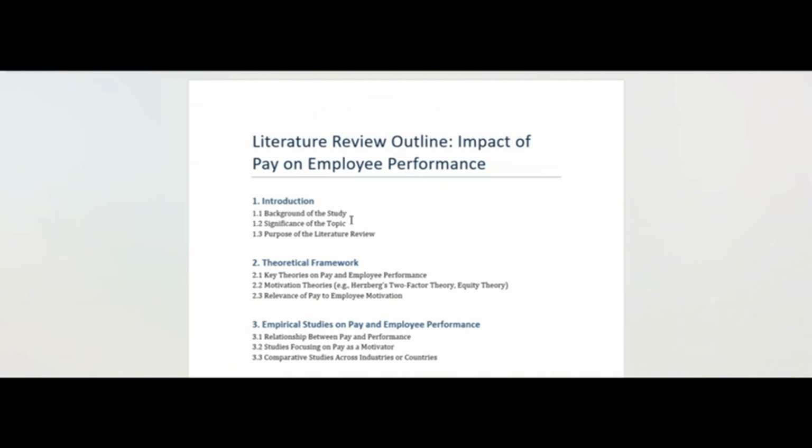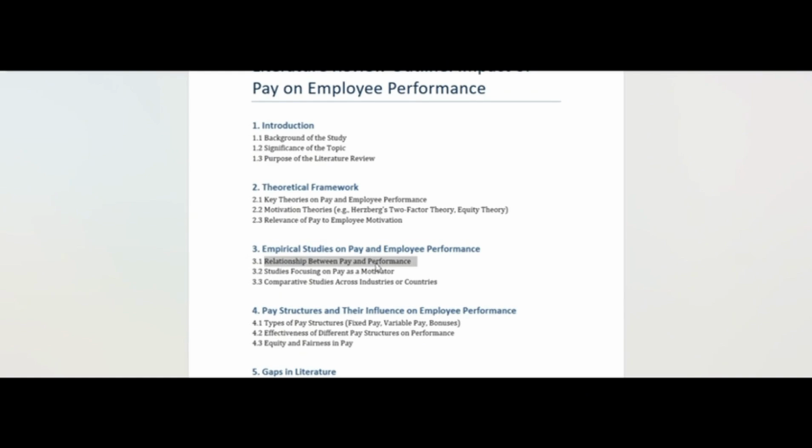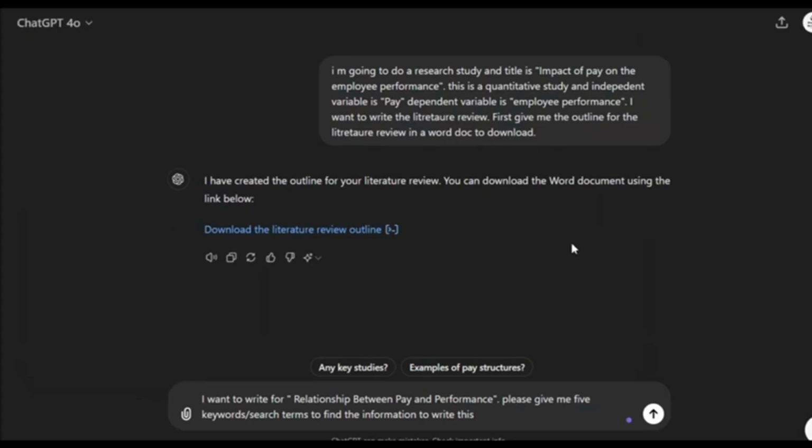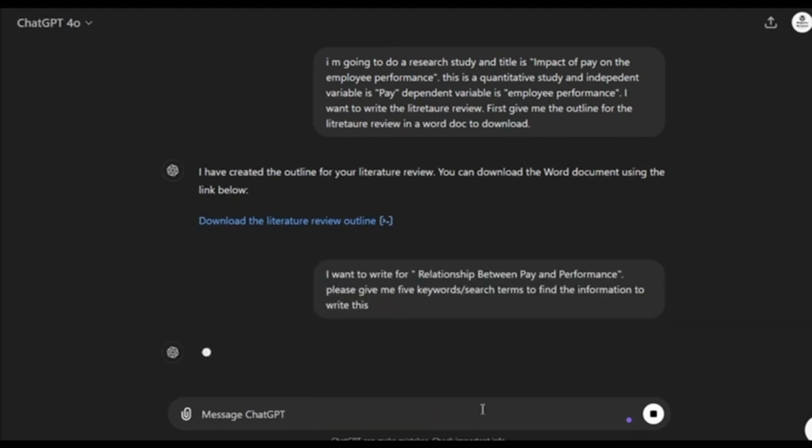So what you need to do is copy this subheading and go again to the ChatGPT 4.0 dashboard and give a second prompt like this. The prompt is: I want to write about the relationship between pay and performance. Please give me 5 keywords or search terms to find the information to write this. Actually here you can ask for 5 or 10 or 50, 100 as you wish.